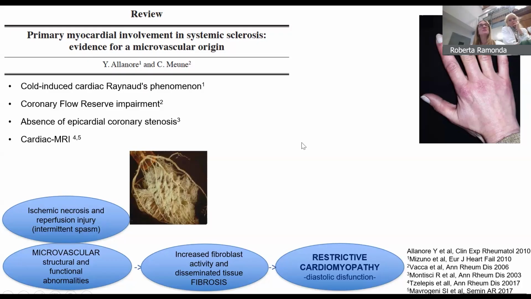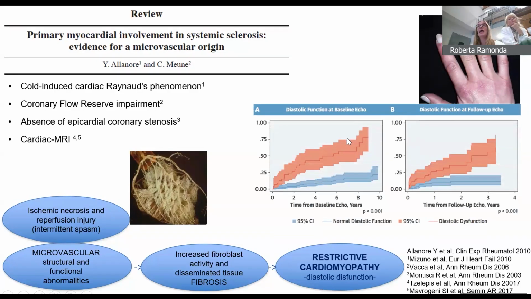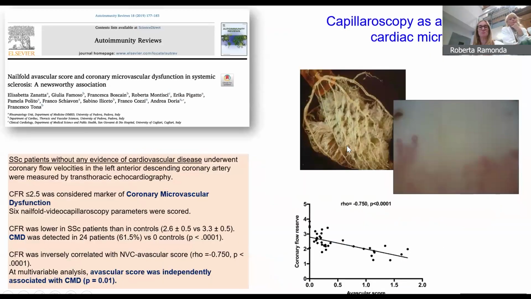This led to fibrosis, and when fibrosis is diffuse, we can have a restrictive cardiomyopathy with the typical picture of diastolic dysfunction that is more common than systolic dysfunction in scleroderma patients, and is a well-known poor prognostic factor.